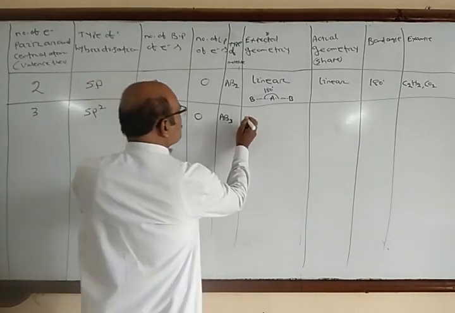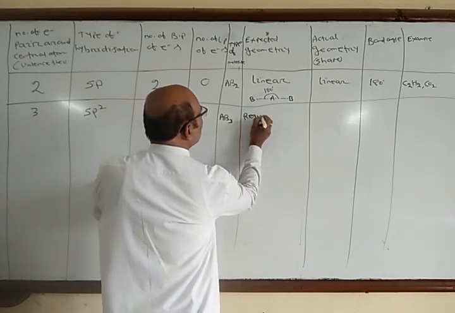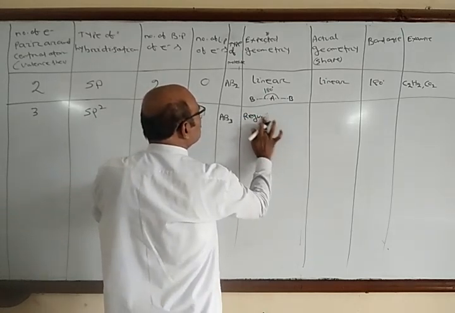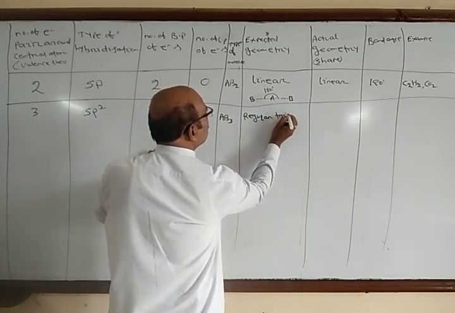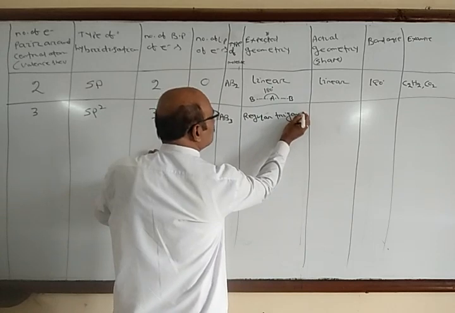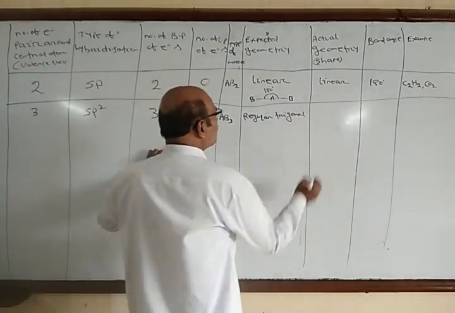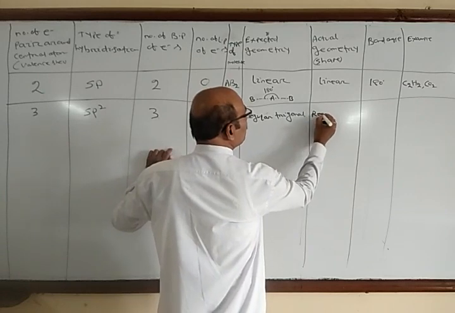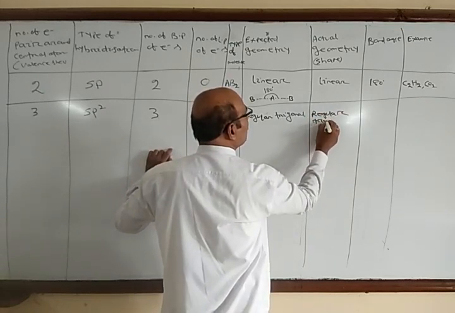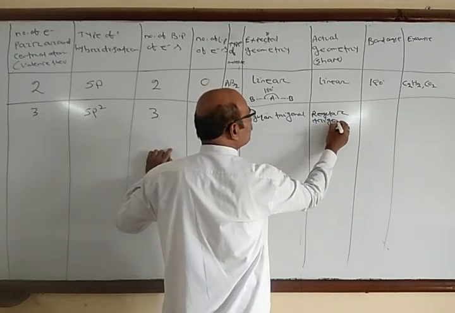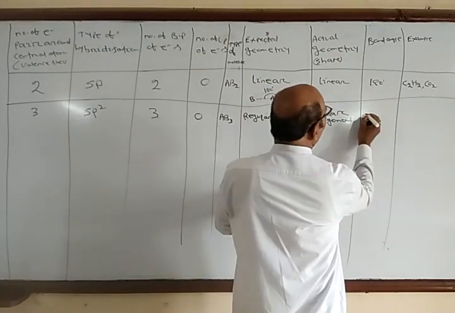So here the geometry is regular trigonal, and the actual geometry is also regular triangular. The bond angle is 120 degrees.